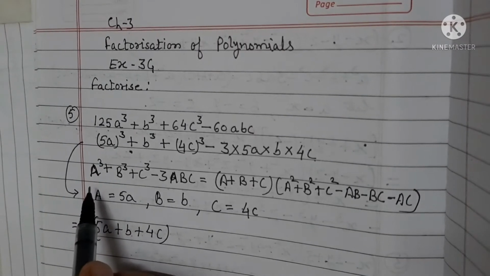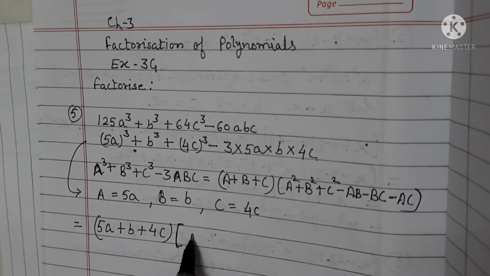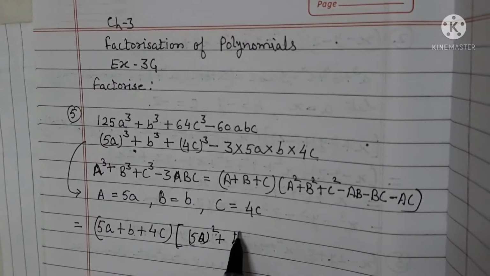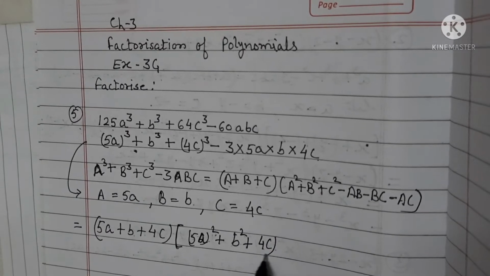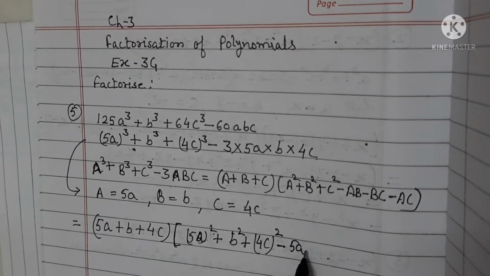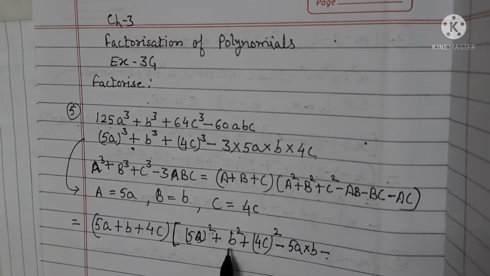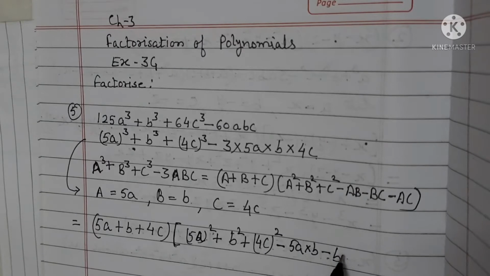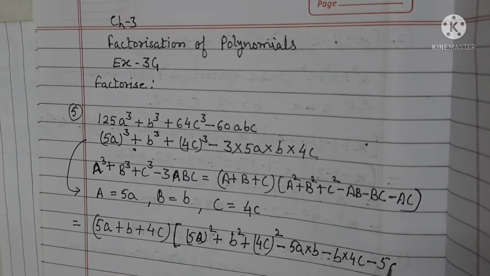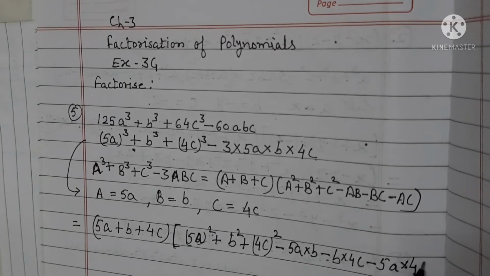Here it is equal to, for this, a square means 5a square plus b square means small b square, c square means 4c whole square, minus ab means 5a into b, minus bc means small b into 4c, and minus ac means 5a small a and 4c multiply by 4 small c.